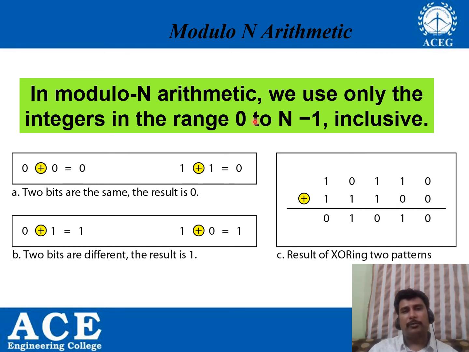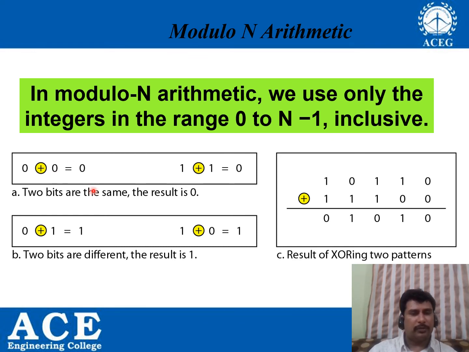If I'm using mod 5, I'm going to have 0 to 4. So for modulo n arithmetic, the possible values are in the range of 0 to n minus 1.